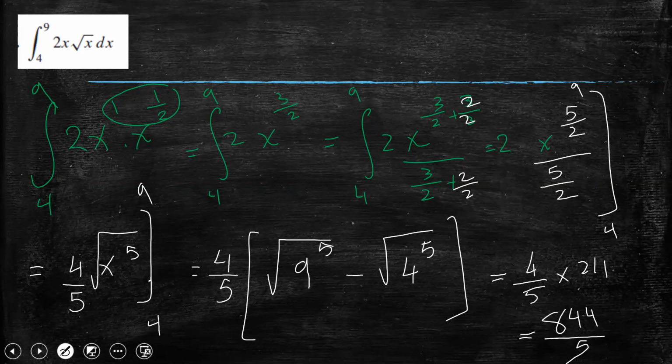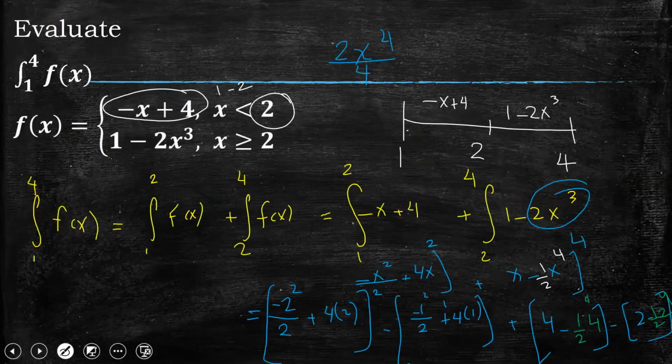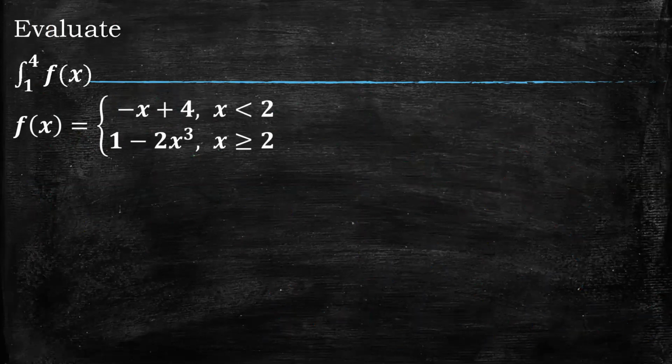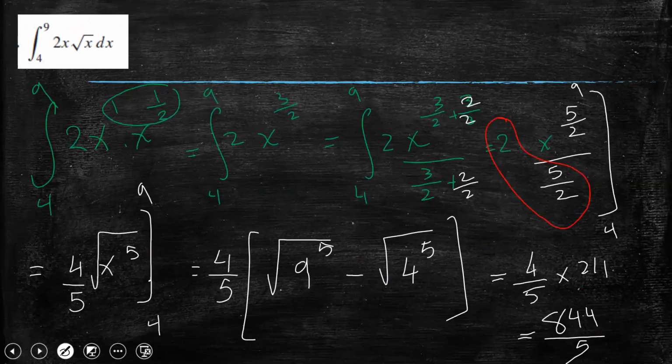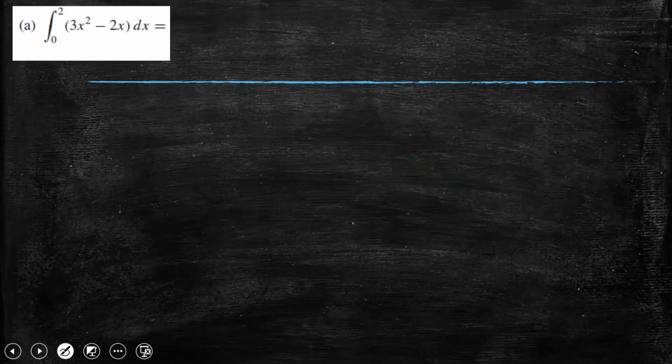Okay, look at here. Here we have 2 over 5 over 2. So I have 2 over 5 over 2. That means it is 2 times what? What is the reciprocal of 5 over 2? 2 over 5.